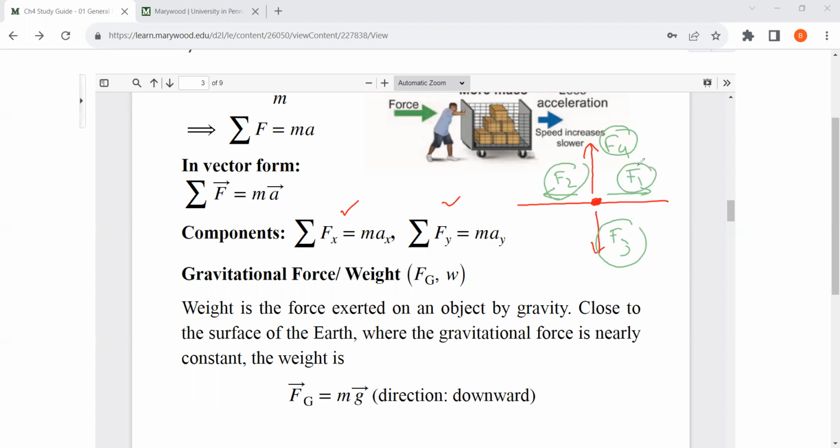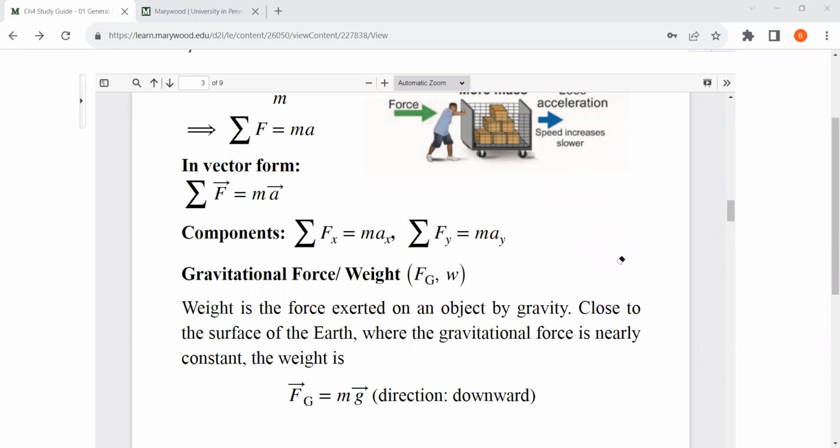Similarly for acceleration, we cannot combine acceleration along the x direction with the acceleration along the y direction, so we have to be careful. We'll be doing some problems, and hopefully that will make the concept clearer. For the time being, just remember that we have two components.